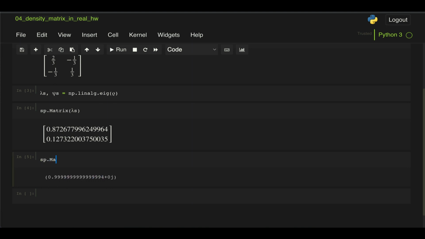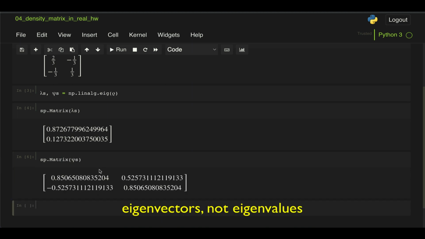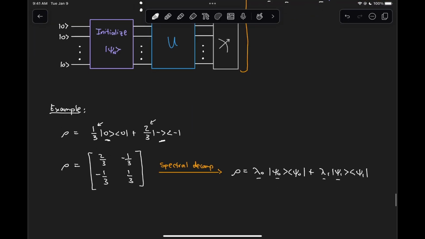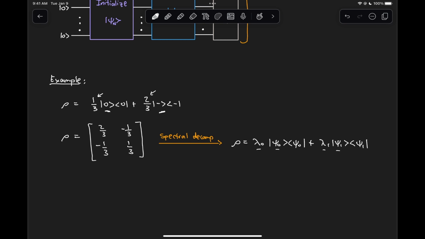And then if we display our eigenvalues, so our psi's, we have here in the columns of this matrix each of the two associated states with each of the lambdas. So if we go back here, what we would have for our spectral decomposition will be a rho equal to 0.872 times the state 0.850 minus 0.521 plus 0.127 times 0.520 plus 0.851.